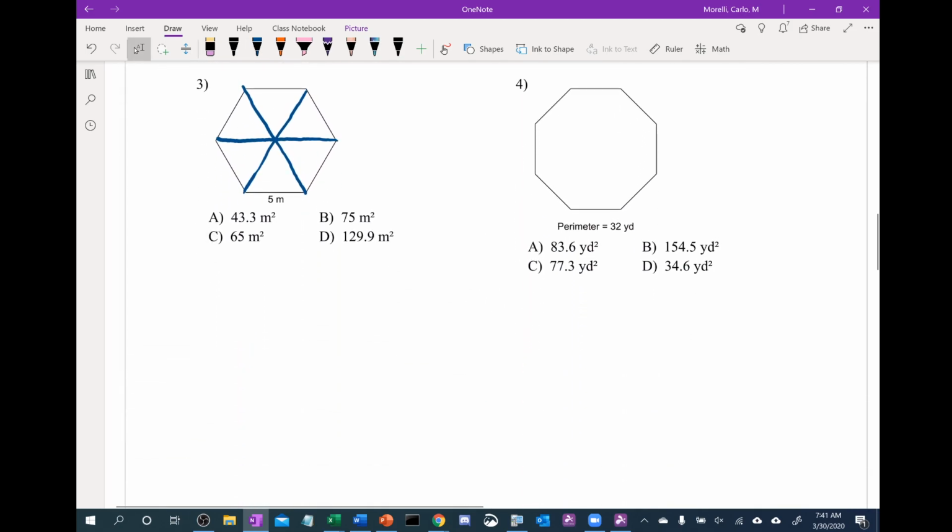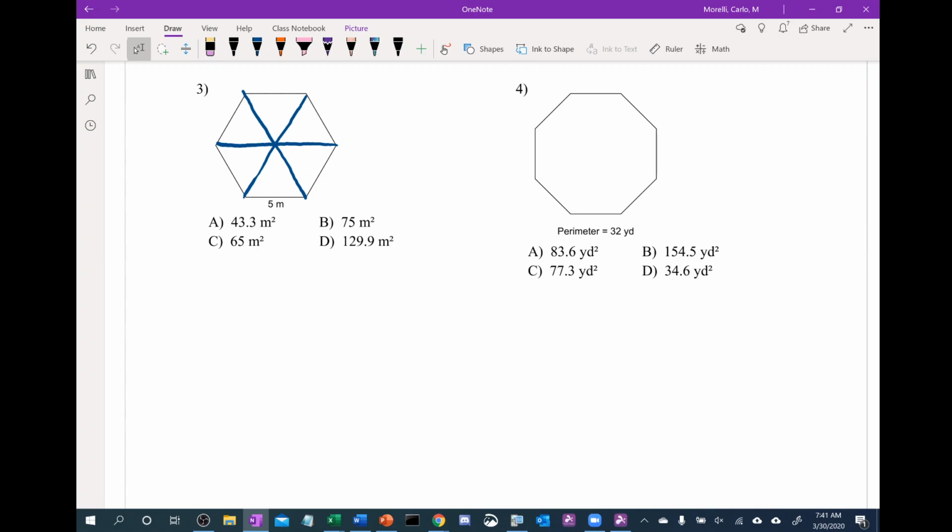So let's go through the process. Now, the question is, what is this angle? Okay. Well, here's the answer. You take the total number of sides, in this case 6, and what you're going to do is divide that out of 360. Okay, because this, if you were to keep going around, would form a circle.